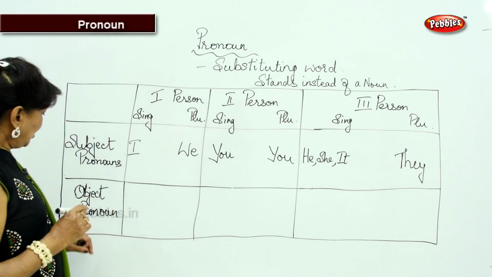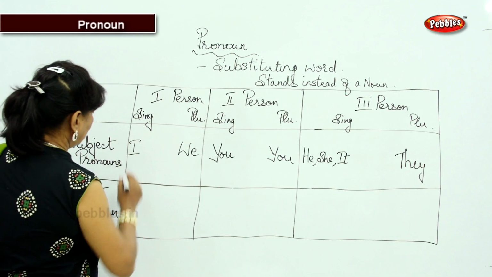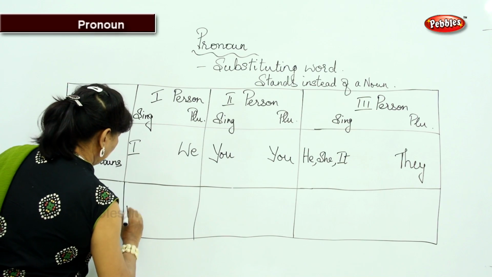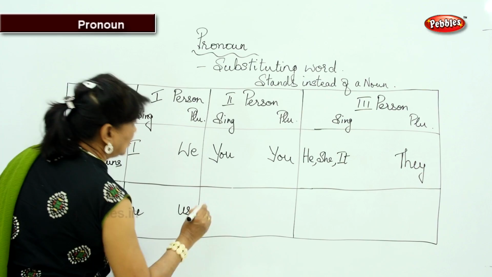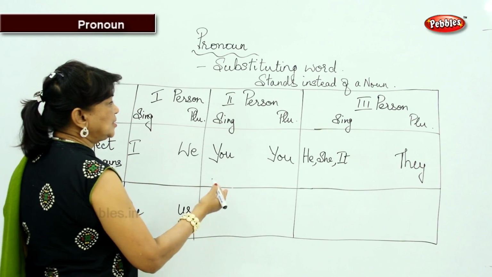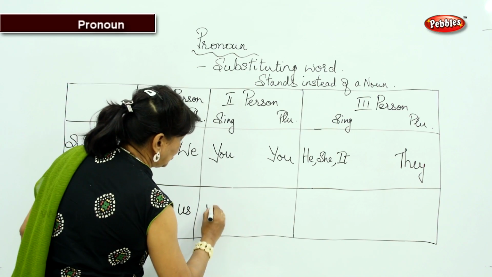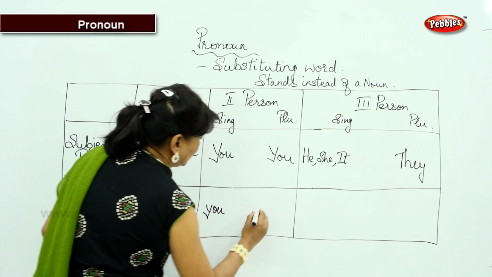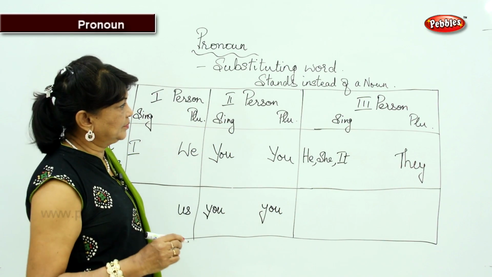Now let us see the object pronouns. The object pronoun for I will be me, and for we will be us. The second person singular and plural object pronoun also is you for singular and you for plural.